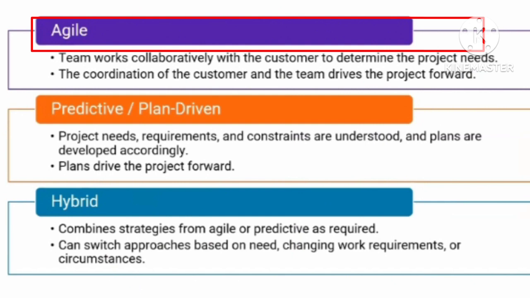So you are doing an iteration time by time so you can take care of involving the changes. The new changes which we receive from the customer, we need to involve in the iteration in the case of the agile methodology.